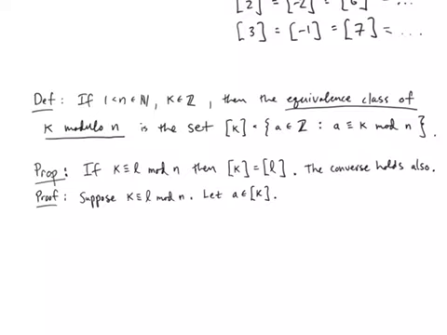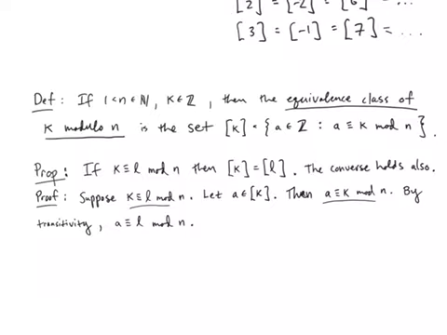By definition, that means that a is equivalent to k mod n, right? The equivalence class of k is everything that's equivalent to k mod n. Well, we have a is equivalent to k mod n and k is equivalent to l mod n, right? So by transitivity, a is equivalent to l mod n.